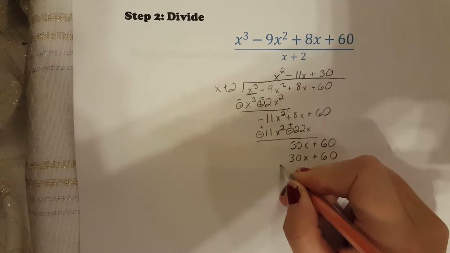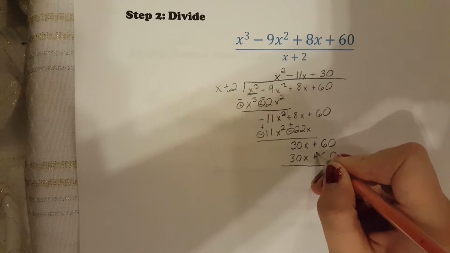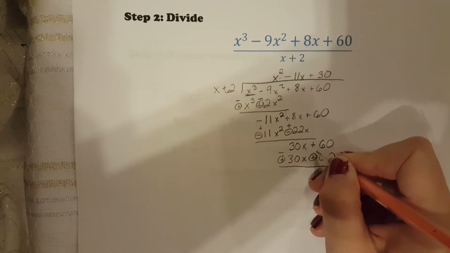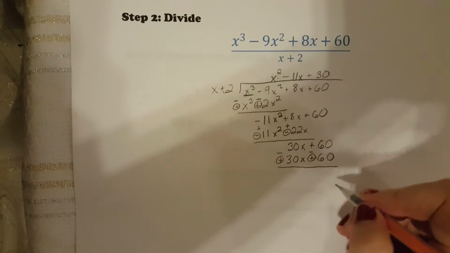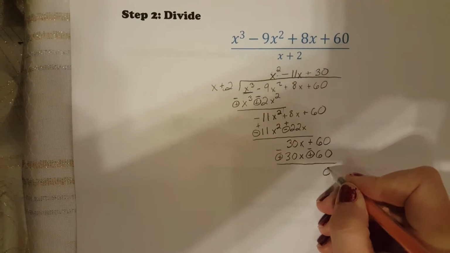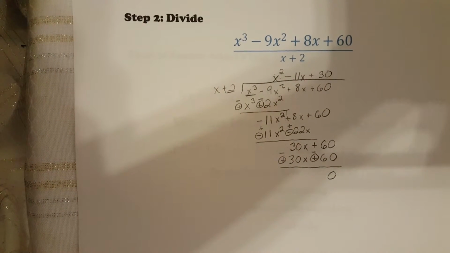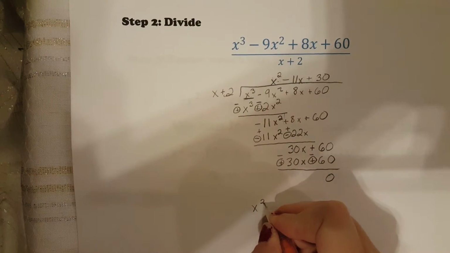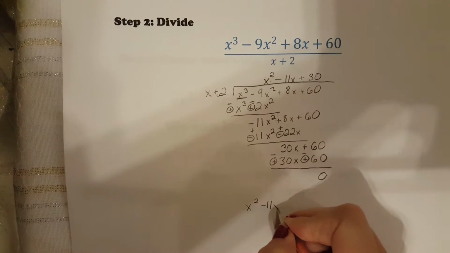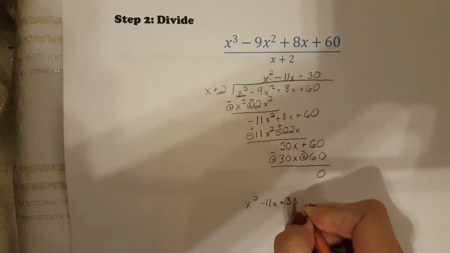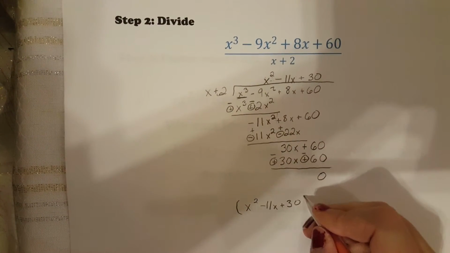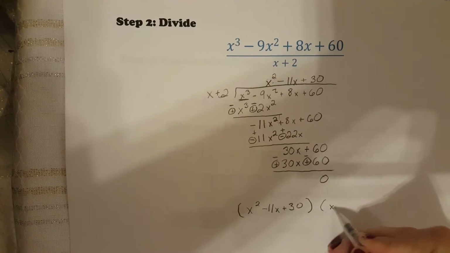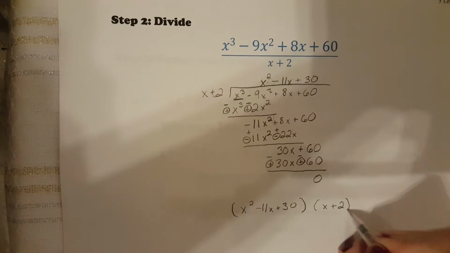And then we go through and we change the signs. There's an imaginary positive there. All right. And we notice that we end up with 0, which is exactly what we wanted to end up with. This means that x squared subtract 11x plus 30 is one of the factors of this right here. We also know that x plus 2 is a factor.